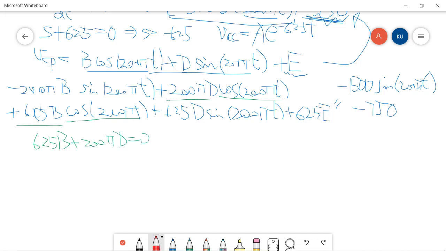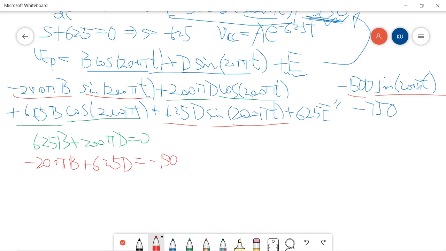And then the next one, we consider the sine 200 pi t, which means that minus 200 pi b plus 625 d should be equal to minus 1500.